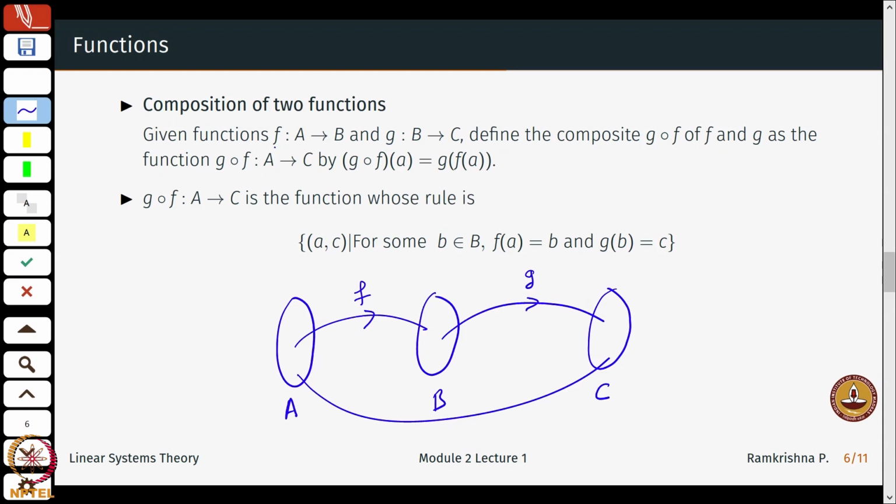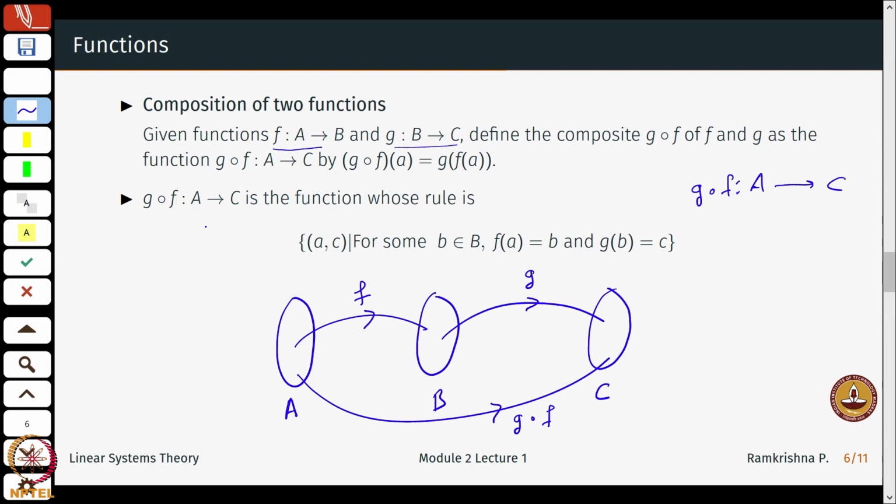So I have f from A to B, G from B to C. Can I define something which associates A directly to C? One way to look at it is to take the composition of f with G. So what's the domain of this big map? This is f composed with G. Its domain is A and the range is C.